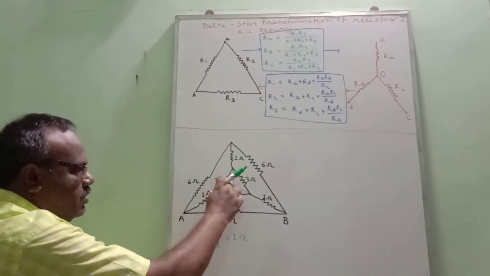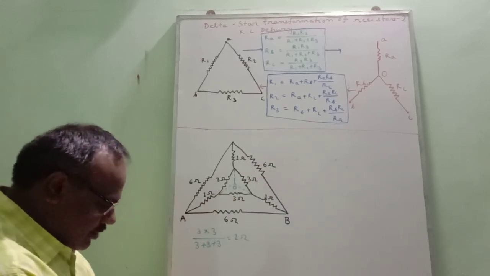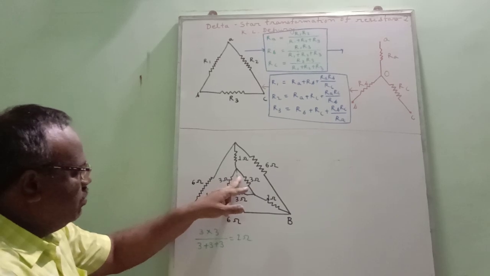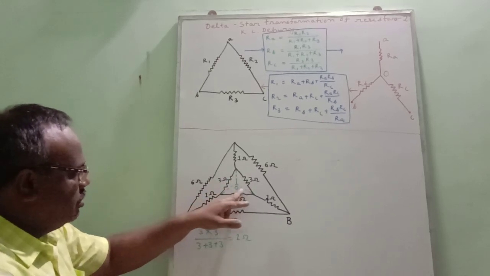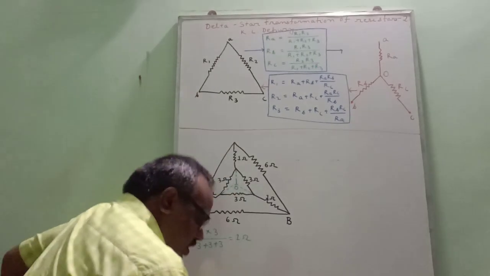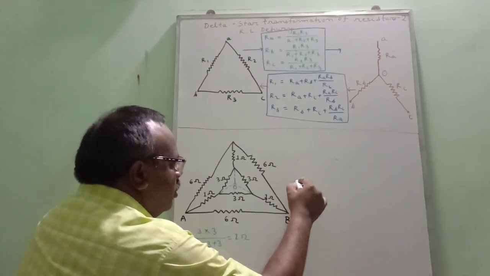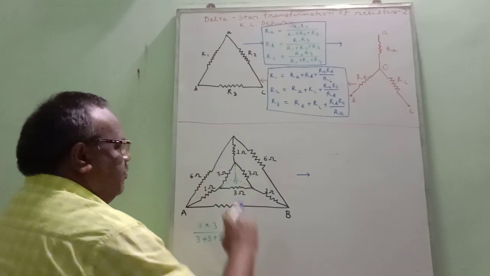So if you transform it, then you are getting this is 1 ohm, this is 1 ohm, this is also 1 ohm. So let us redraw it. If you redraw it, the other things are the same.